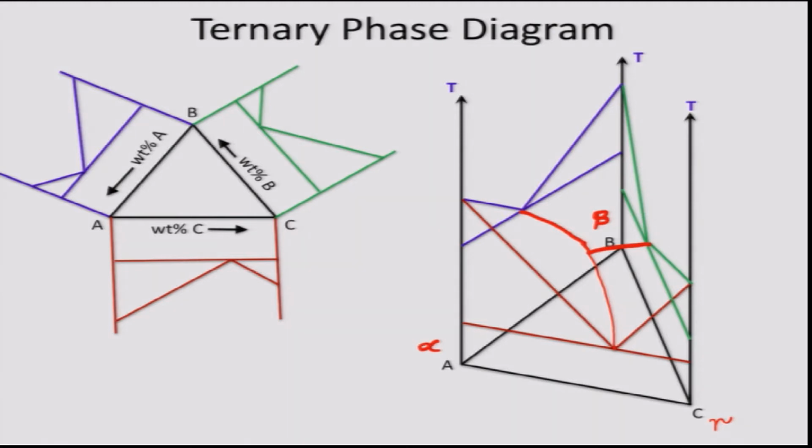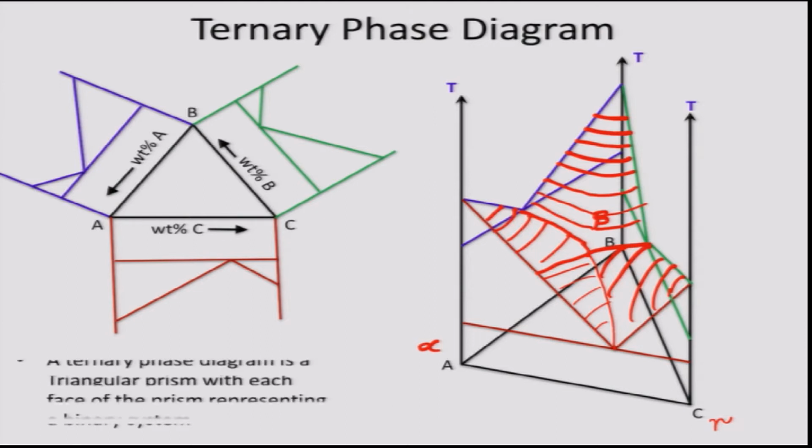If I mark the isothermal sections on these liquidus surfaces, this is how the ternary phase diagram ABC would look from the top.